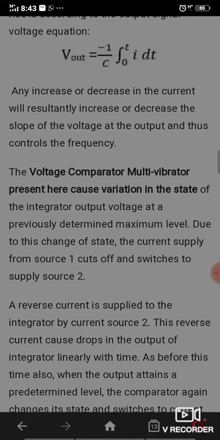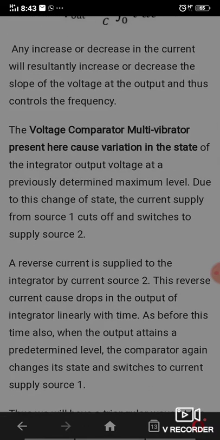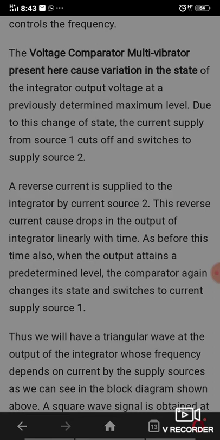A reverse current is supplied to the integrator by current source 2. This reverse current causes the output of the integrator to drop linearly with time. As before, when the output attains the predetermined level, the comparator again changes its state and switches to current supply source 1.